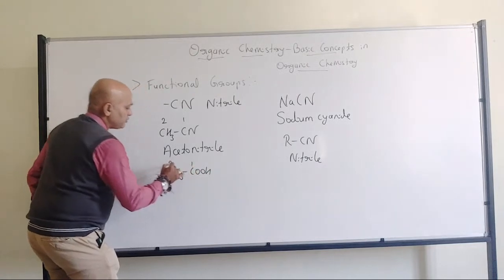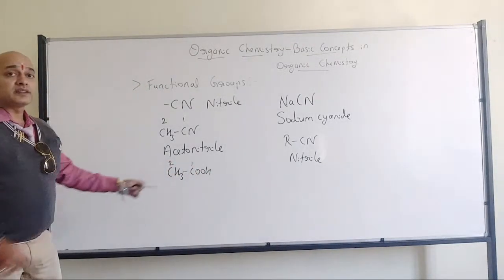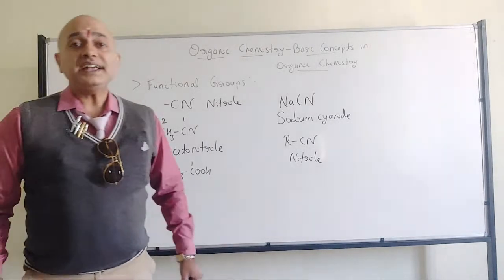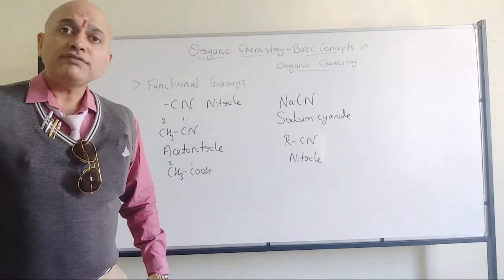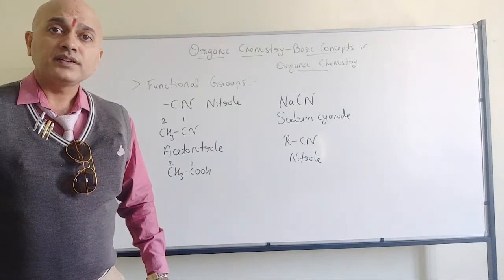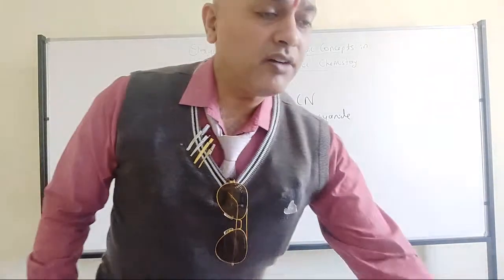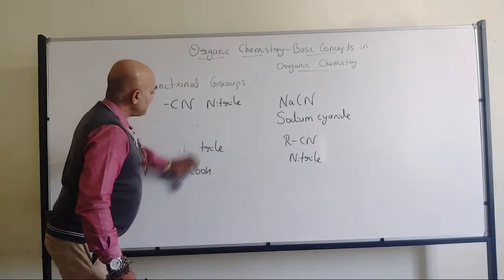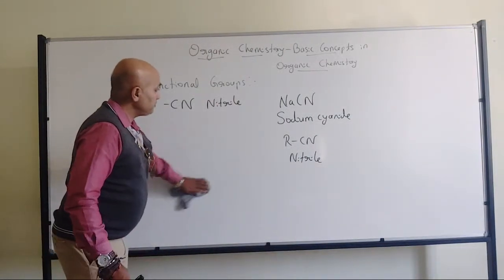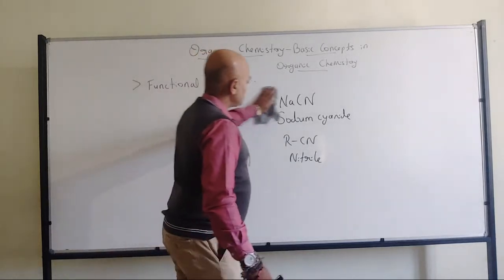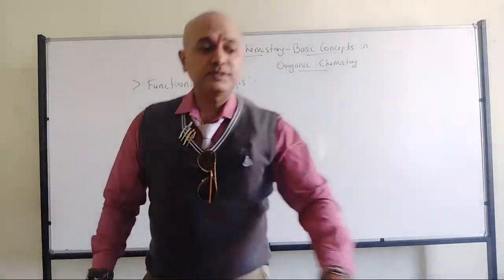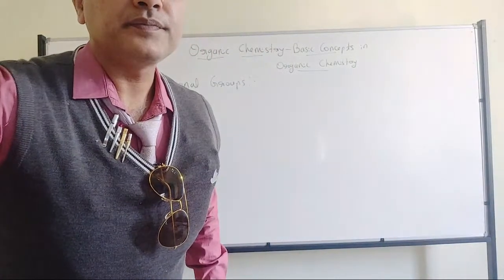CH3COOH, 1, 2. It will be called acetic acid. Same way it is called acetonitrile. All of you have understood? Any doubts? Okay. So that's where we have another functional group, that is nitrile functional group. Fine.